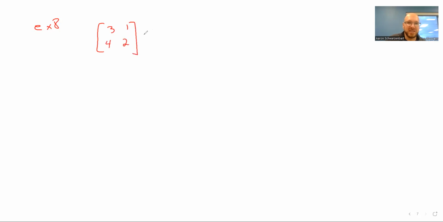And keep that pattern handy. Hopefully you wrote it down in your notes. 1 over AD minus BC. Swap A and D, negate B and C. So this is 1 over 6 minus 4, which is 1/2.